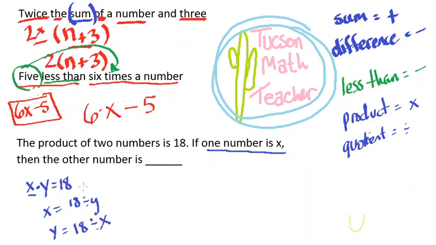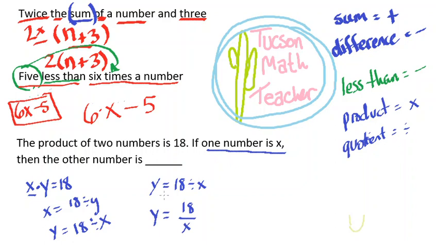And there is an expression for that second number, y: 18 divided by x. We can write that like this, y equals 18 divided by x. We could write y equals 18 over x.